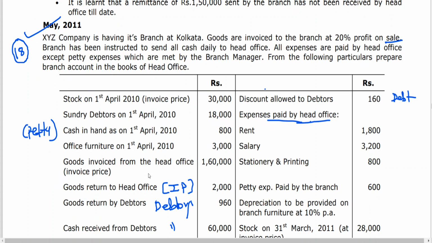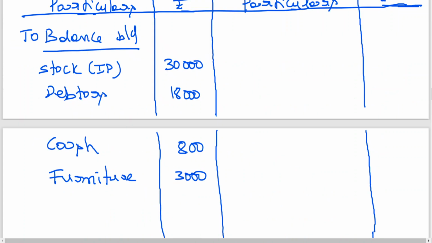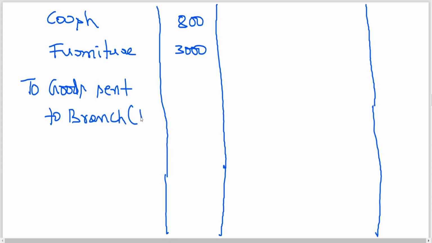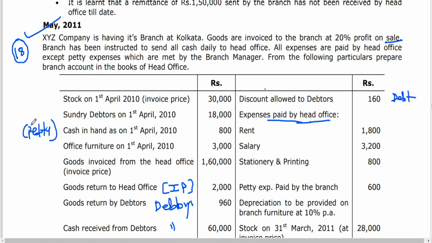Furniture 3,000. Next, goods invoiced from head office at invoice price, 1,60,000.